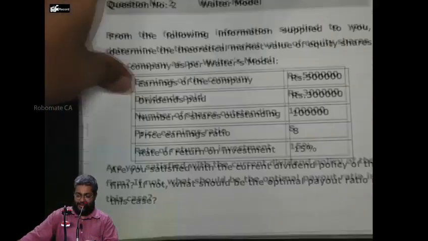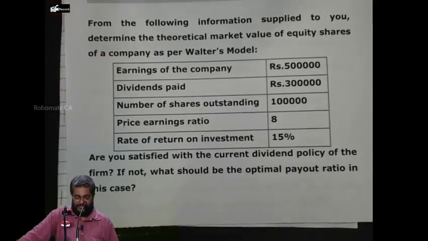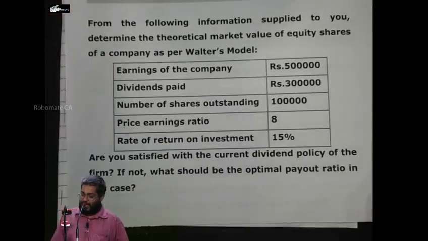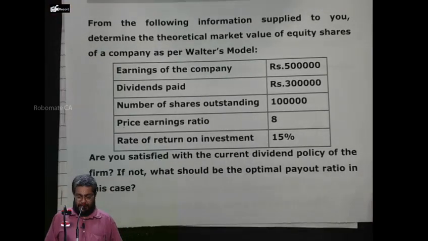From the following information supplied to you, determine the theoretical market value of equity shares of a company as per Walter's model. No new concept, but one small issue will be discussed incidentally. That's all. Okay. Earnings of the company 5 lakhs. Dividend paid 3 lakhs. Number of shares outstanding 1 lakh.